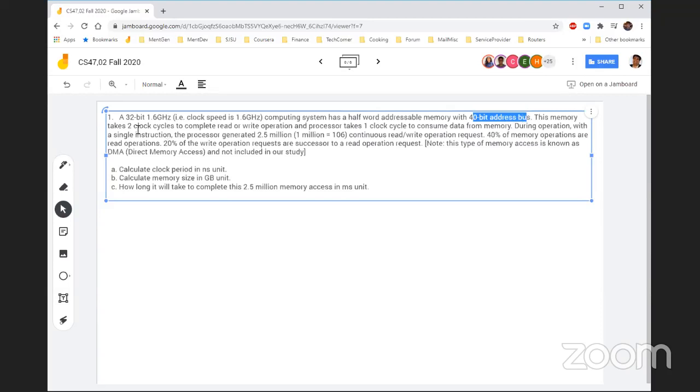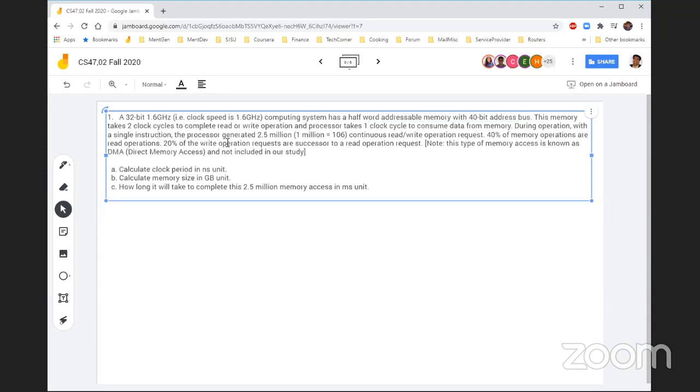Now this memory takes 2 clock cycles to complete a read or write operation, and the processor takes 1 clock cycle to consume data from the memory. If it is a read operation, once the memory gives back the data, the processor takes 1 more clock cycle to register or consume that data.